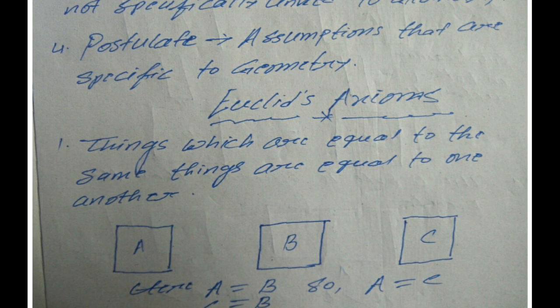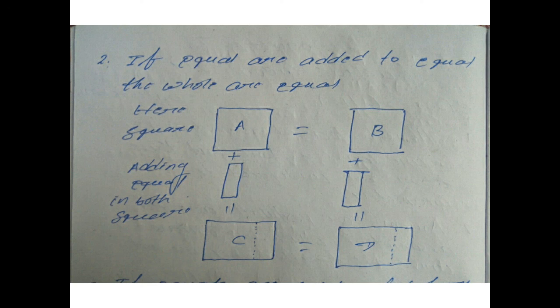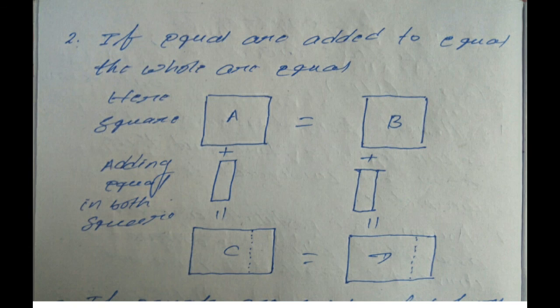Now again, the next assumption you can see here: if equals are added to equals, the wholes are equal. Here I have taken square A equal to square B, and I am adding this small portion.